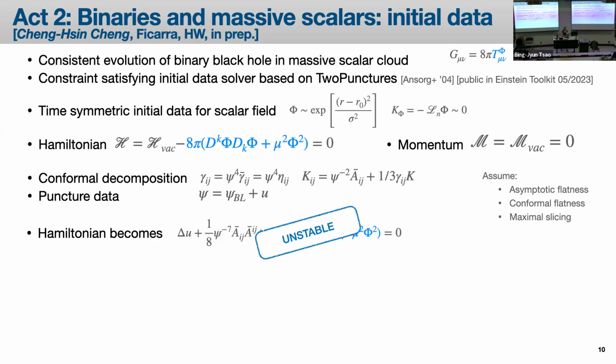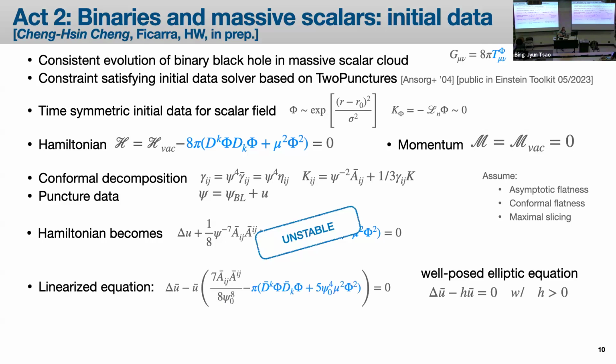Well, we looked at our constraint a little bit more closely. So this should be an elliptic type PDE, right? Well, let's look at the linearized equation. And looking back at a paper by Choquet-Bruhat and York, who are thinking about well-posedness for elliptic equations, where you have your Laplace operator minus some function, and ū here are perturbations, and this function h has to be positive.